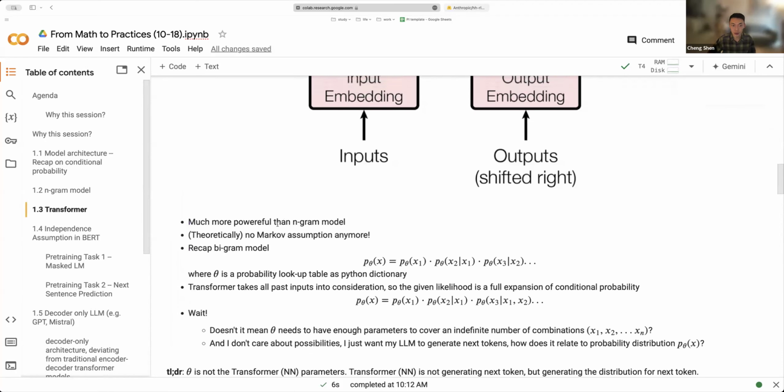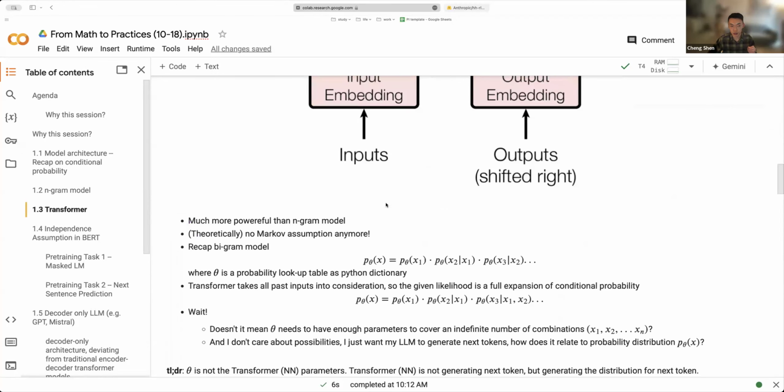Theoretically, one key difference is that if we use a transformer to model language, we don't have to make this Markov assumption that every token only depends on one or two tokens before it. Instead, the transformer can see all the inputs before a specific token and give the prediction for the next token.